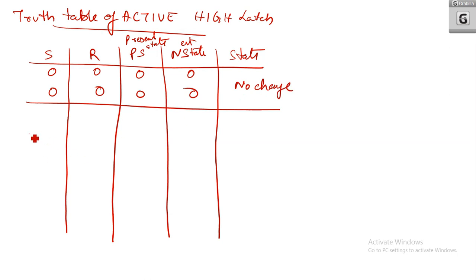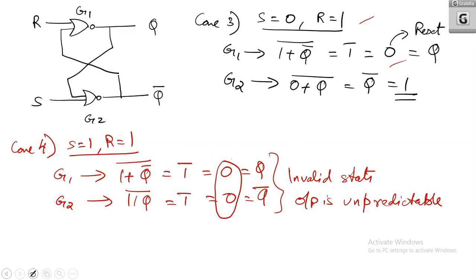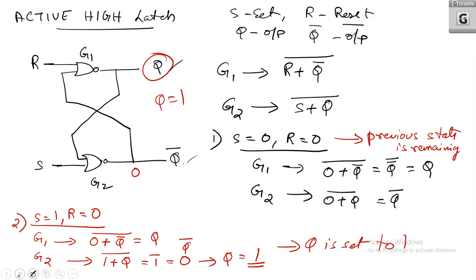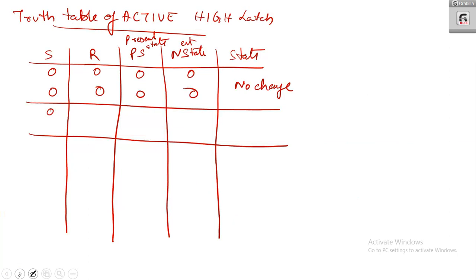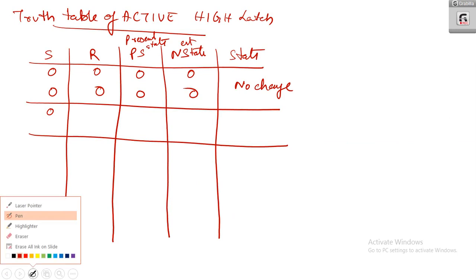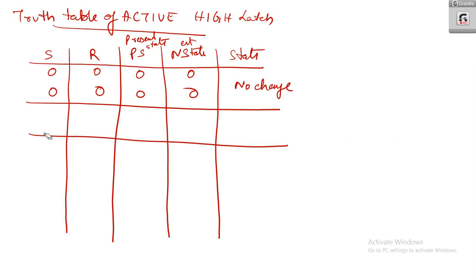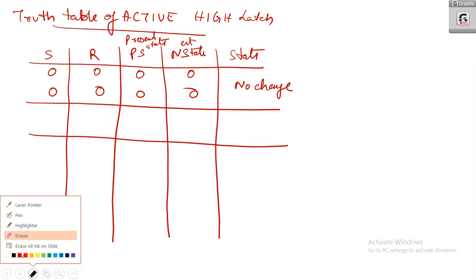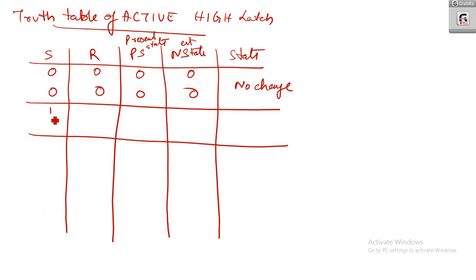Now come to the second case. Second case is set 1 and reset 0. Set is 1 and reset is 0. Okay. Now I am keeping present state as 0 and 1 here.